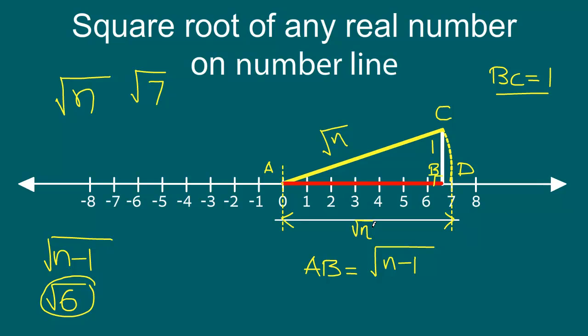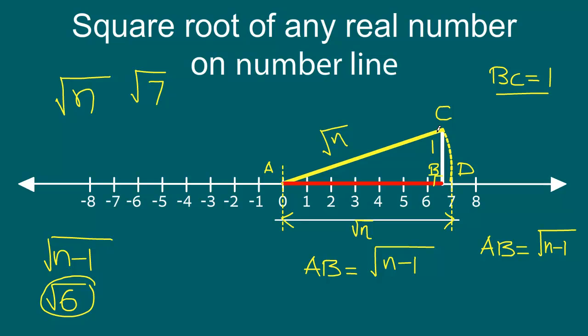So why does this work? The reason is that if you look at the triangle ABC, AB is equal to square root of n minus 1, and BC is equal to 1.